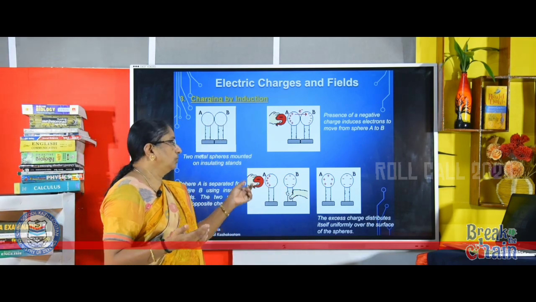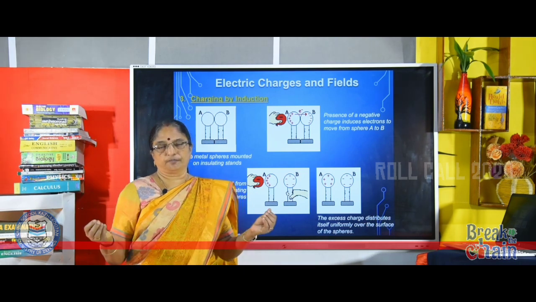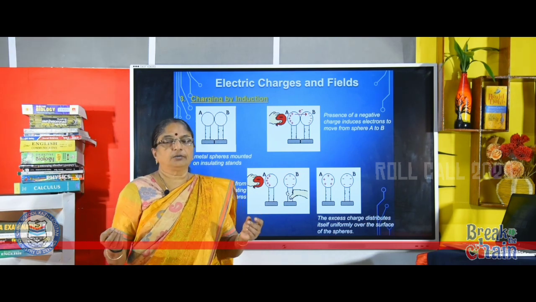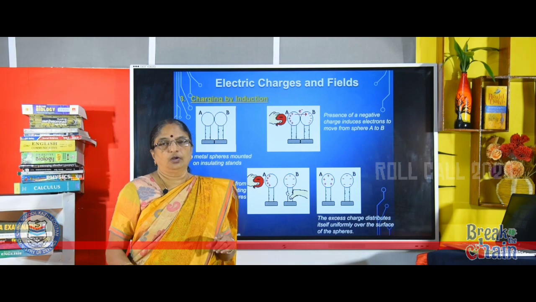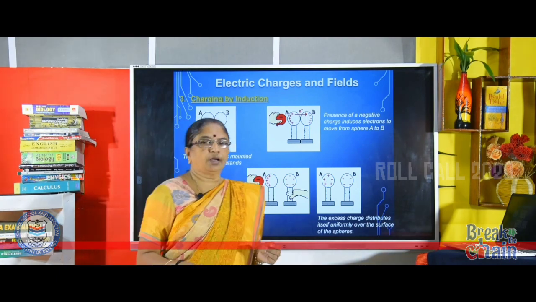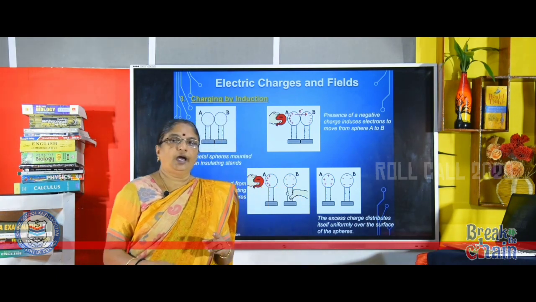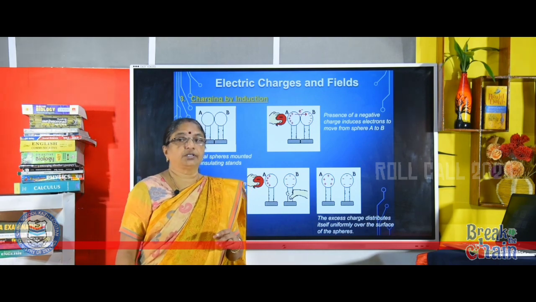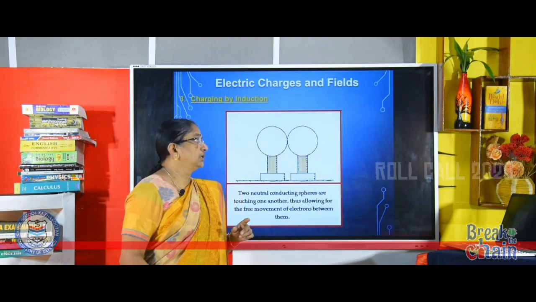Now what should we do? Separate the two spheres and remove the charging body also. So the left sphere A becomes positively charged and the right sphere B becomes negatively charged. See this one?